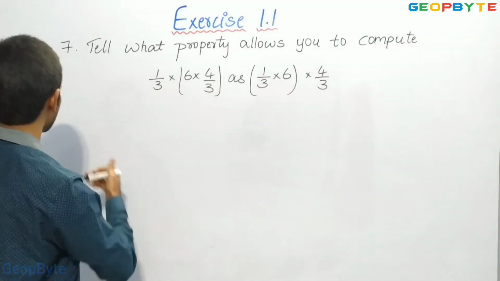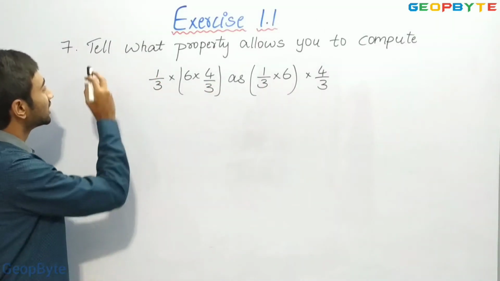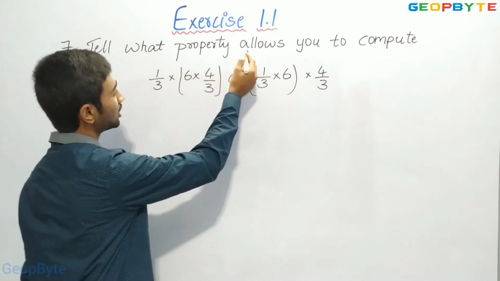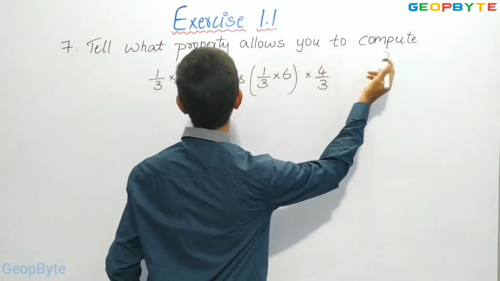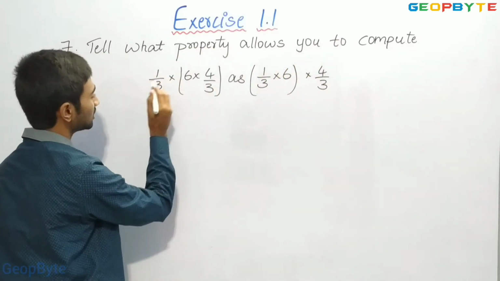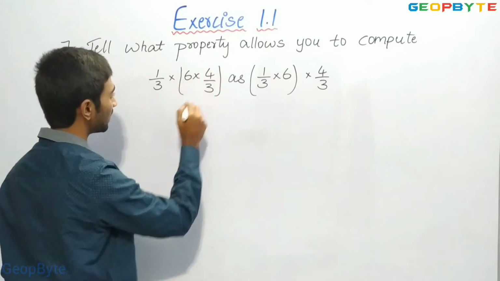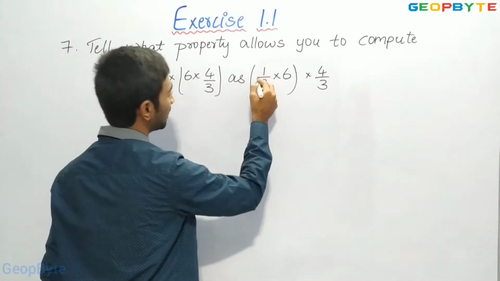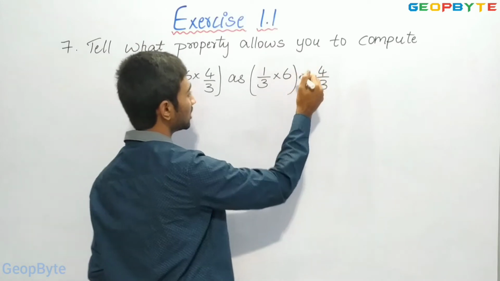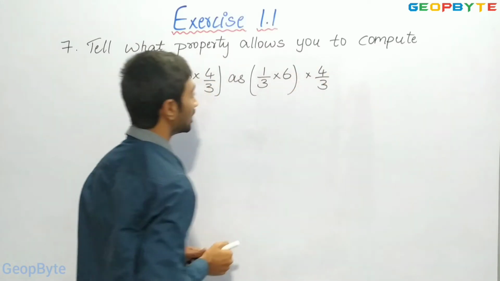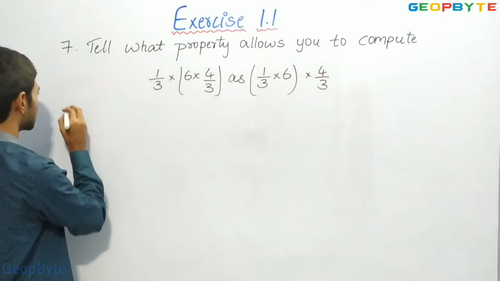Now, let us see the 7th question. Tell what property allows you to compute 1 by 3 into 6 into 4 by 3 as 1 by 3 into 6 into 4 by 3. Let us find the answer.